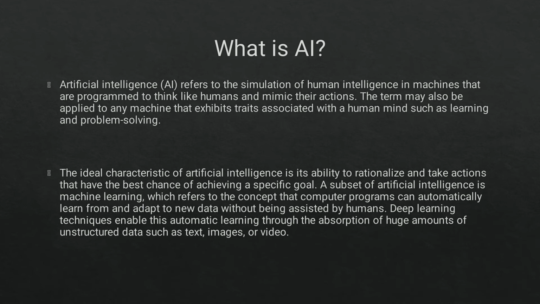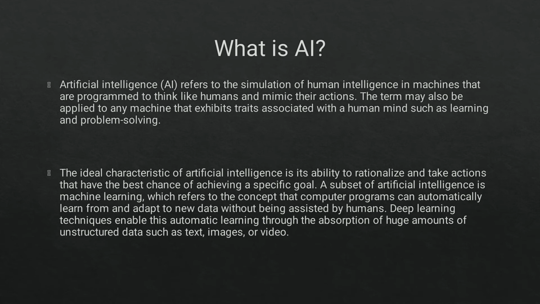A subset of artificial intelligence is machine learning, which refers to the concept that computer programs can automatically learn from and adapt to new data without being assisted by humans. Deep learning techniques enable this automatic learning through the observation of huge amounts of unstructured data such as text, images, and videos. In short, artificial intelligence refers to the simulation of human intelligence in machines that are programmed to think like humans and mimic their actions.